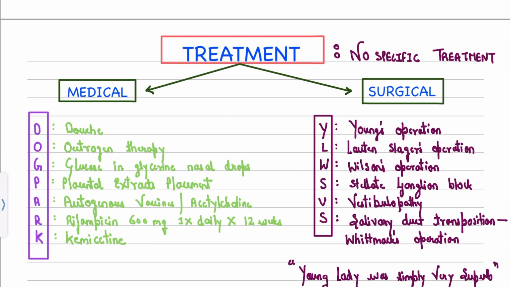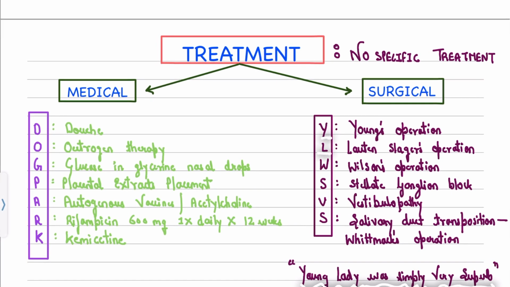All right, in surgical, the most important is Young's operation. This is the only one we have to study. Otherwise you might as well remember the names if you want to. The mnemonic is: young lady was simply very superb.